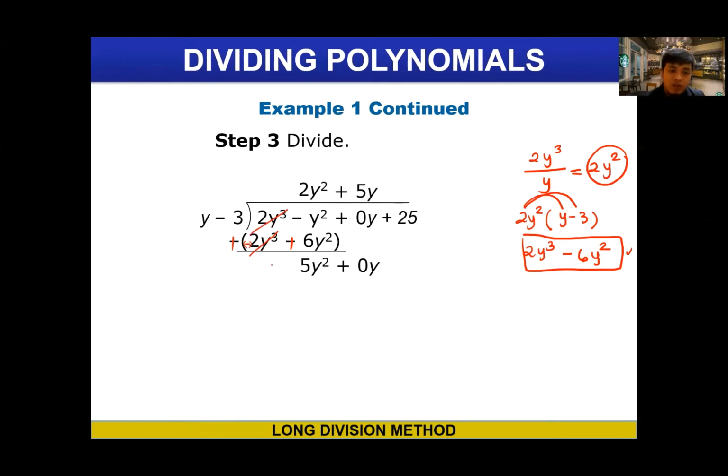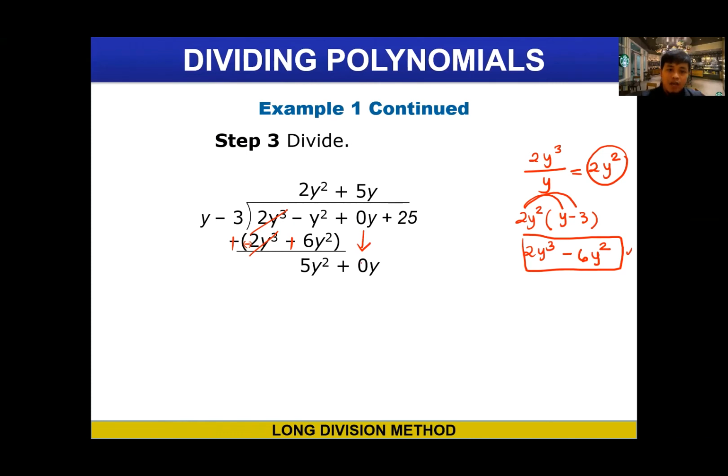No need to write 0 here, but if you want to, you can; since it has no value, we don't need to. Now we are adding negative y squared plus positive 6y squared. Apply the rule on adding integers. So we have 5y squared. And then bring down this.